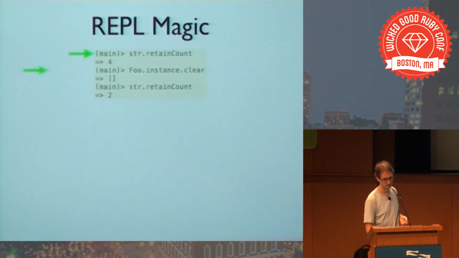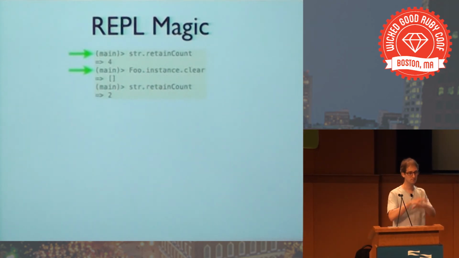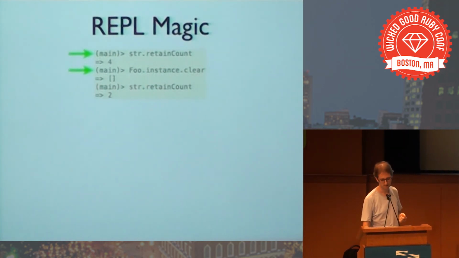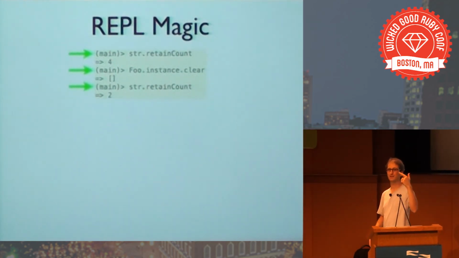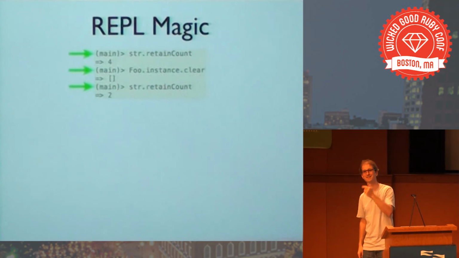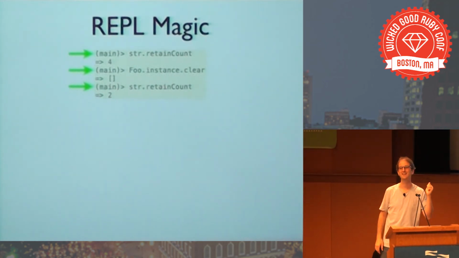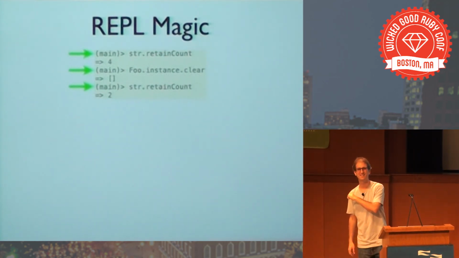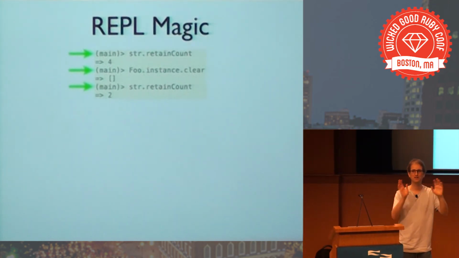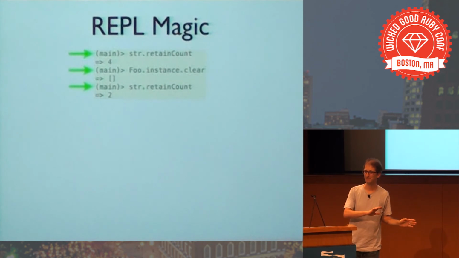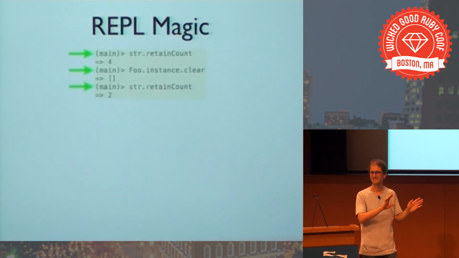And now if we call that clear method that empties out the array, and we ask for the retain count again, we see that it's been decremented by exactly 2, exactly the number of references that we had to it in the array. So before you go jumping to the debugger, you might not even need the debugger.